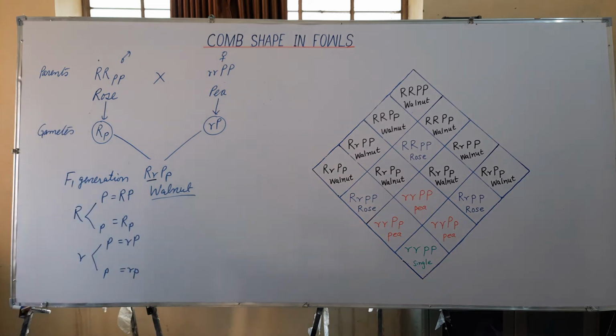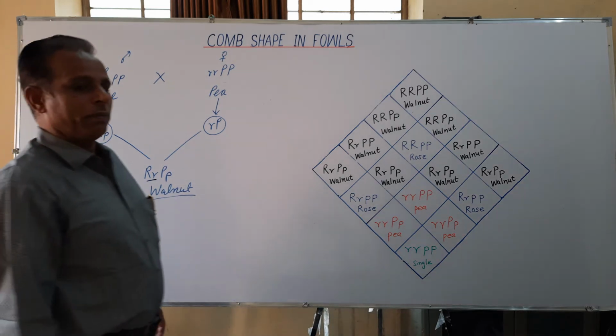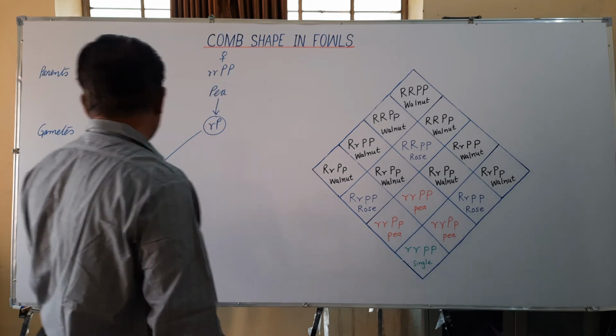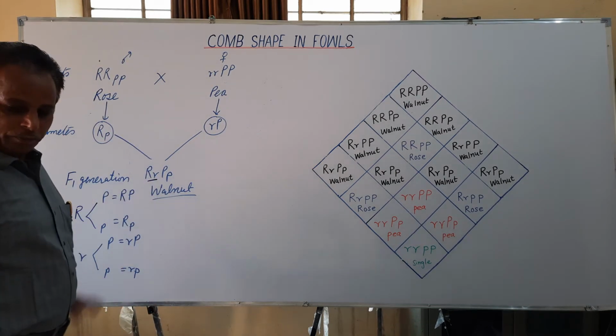So four types of gametes, male and female, are produced from the F1 progeny.